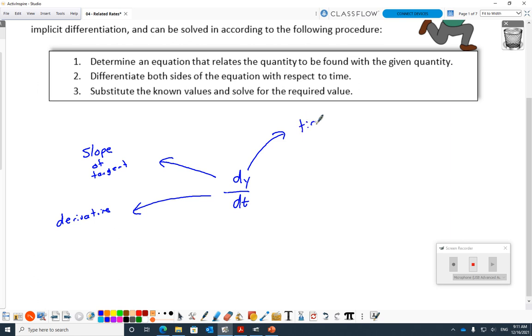Oh, I don't want to, I wrote that there. I want to put that right there. Time is the dependent variable. And yesterday I didn't say dependent very often. What I said was the variable you're going to see in the question. That's what you're going to see when you get over there. Or the one you're supposed to be looking for in the question. You should be looking for t's.